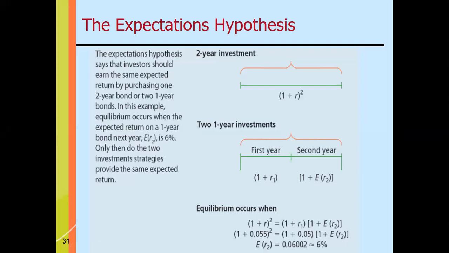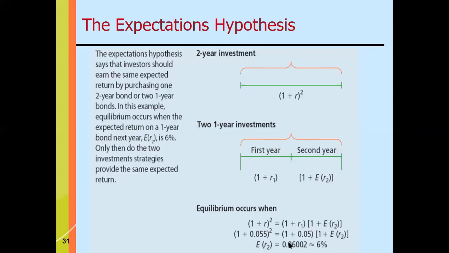So we would like to earn the interest in 1 year. So we have 1 plus R sub 1 multiplied by 1 plus the expected rate for the second year. And then by simplification, we are going to compute the expected rate.